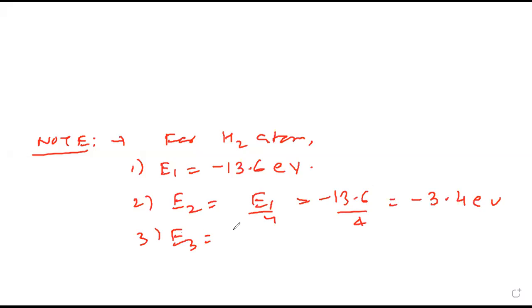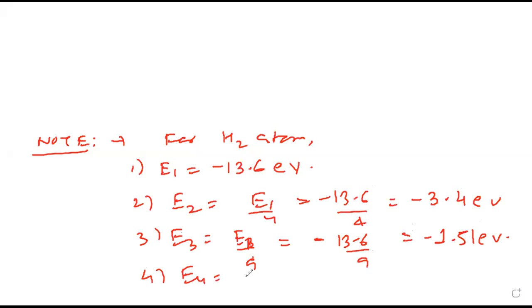Energy in third orbit is E1 upon 9, minus 13.6 upon 9, minus 1.51 electron volt. Fourth orbit is E1 by 16, minus 13.6 upon 16, so it is minus 0.85 electron volt.